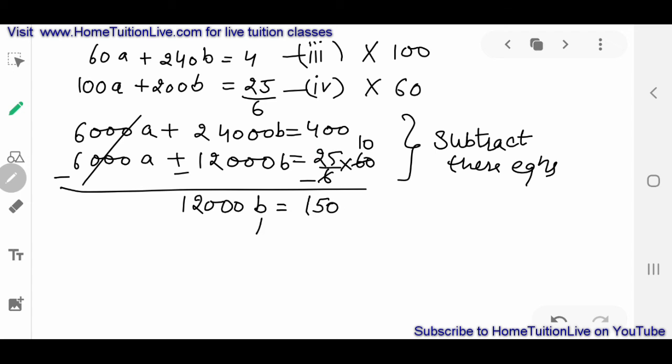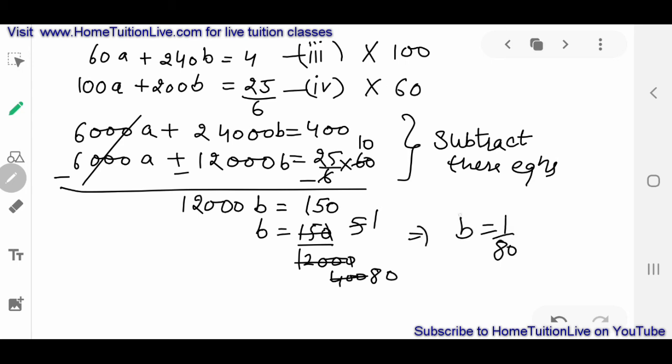So b is equal to 150 upon 12,000. That is, 3 5s are 15, 3 4s are 12, 5 1s are 5, is 40. This is b is equal to 1 upon 80.